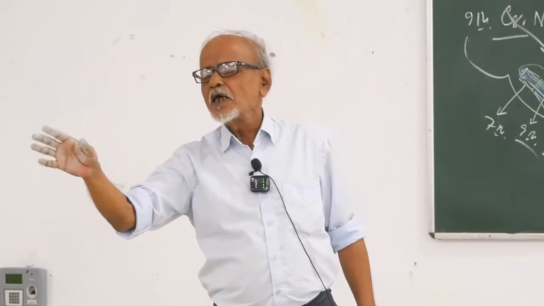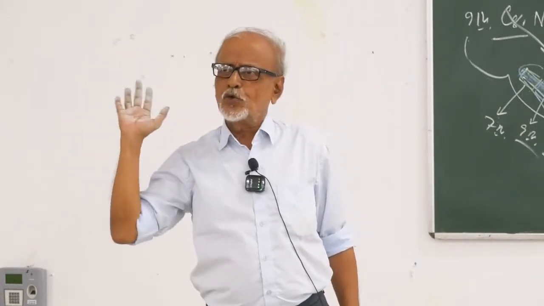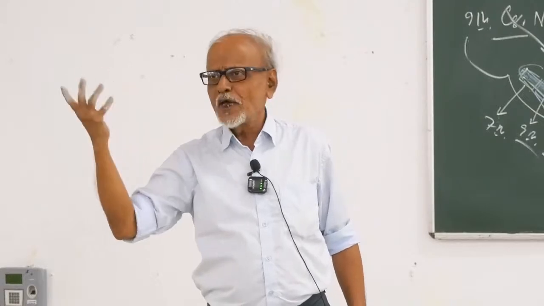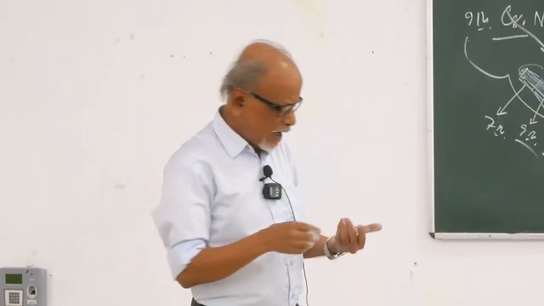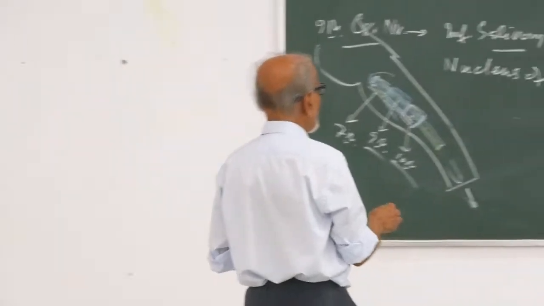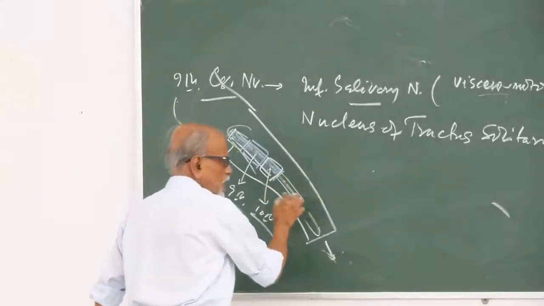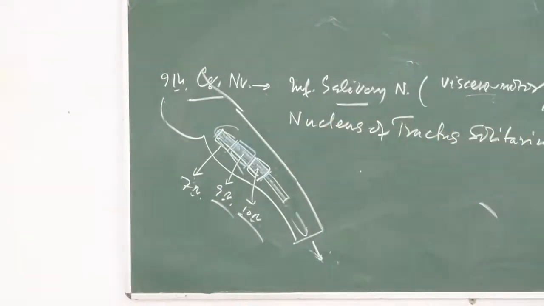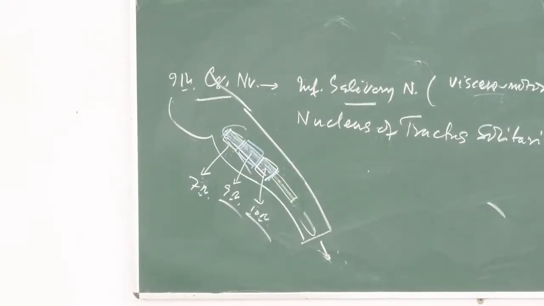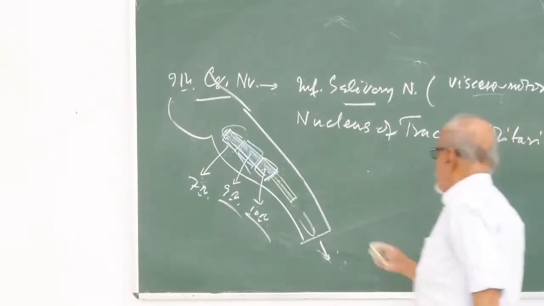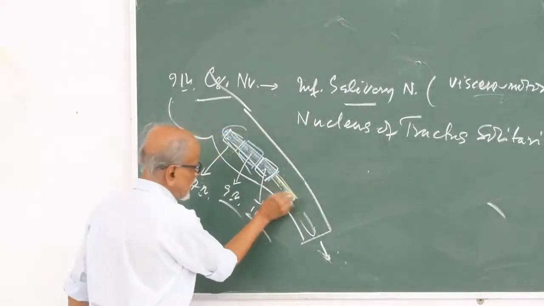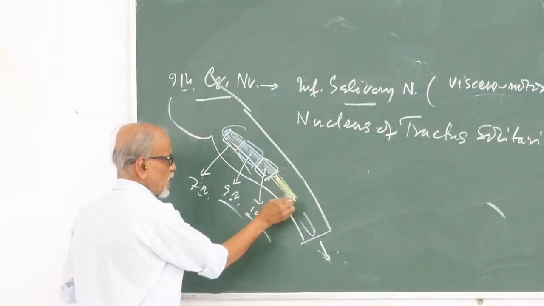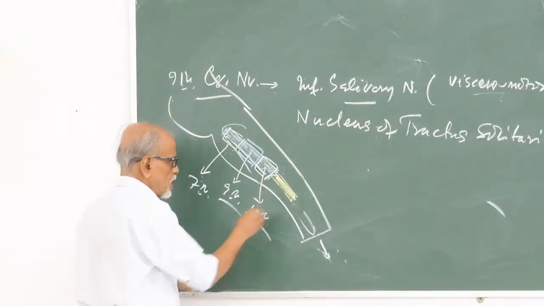They are in the caudal part of the solitary nucleus. সহজ হয়ে গেল, একই নিউক্লিয়াস, এর যে কডাল পার্ট, এই কডাল পার্টে জেনারেল সেন্সের জন্য নিউরনস আছে। This caudal part is for general sense.